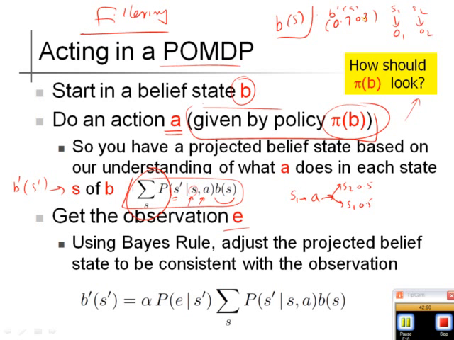Now I got O2 as my observation. What is my belief state? S2. That's it. You can't just say, I'm assuming it's still 0.7, 0.3. The moment you got the observation O2, this is just wiped out.